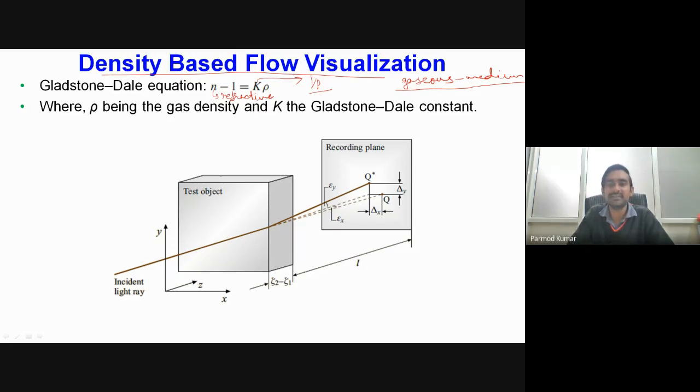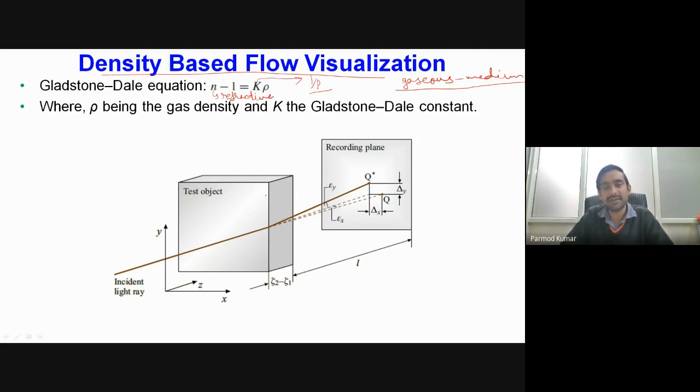The only deflection caused in the incident light ray will be because of the change of refractive index in the y direction and in the x direction. That is something we know from our basic optics: while a ray of light is passing through a medium, there should be a change in refractive index in the normal direction. Then only will we have the deflection.